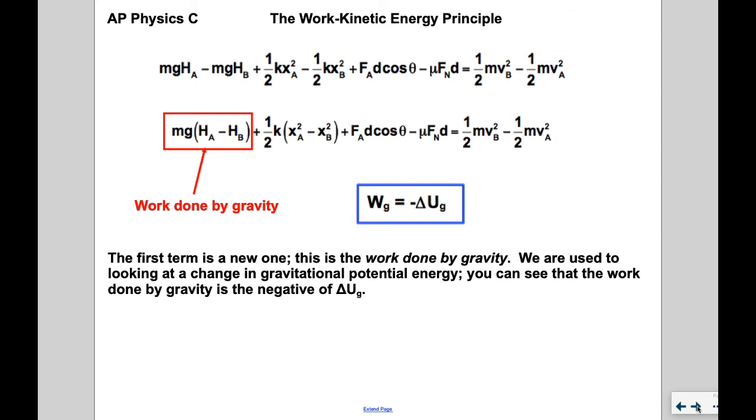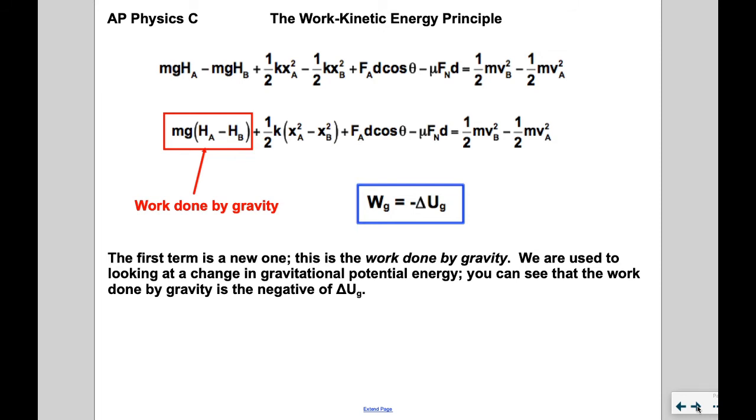So what we call the work done by gravity is the negative of delta U sub G. Okay, so that's a new idea, but it's something that the College Board uses, and the Physics C exam will typically indicate somewhere in the multiple choice section of the exam.